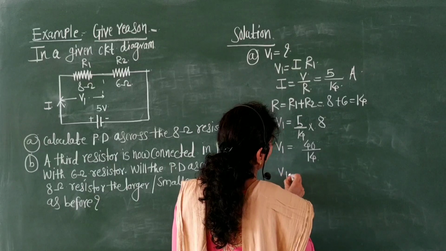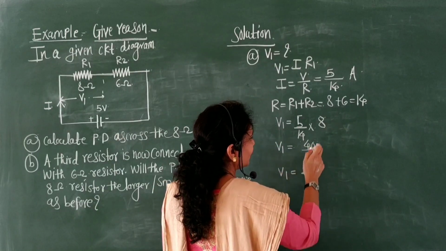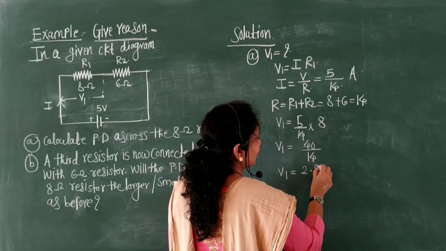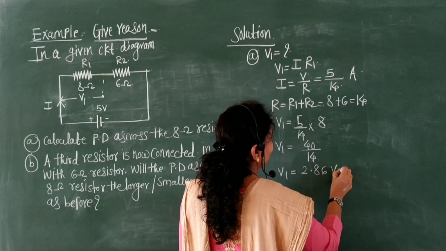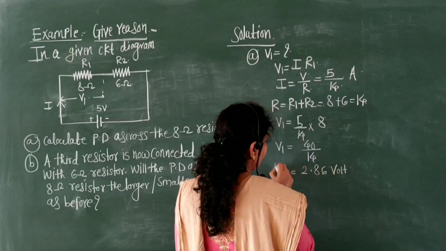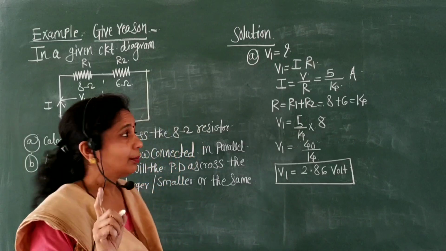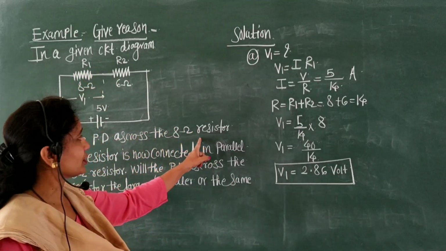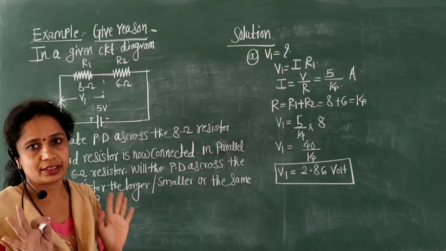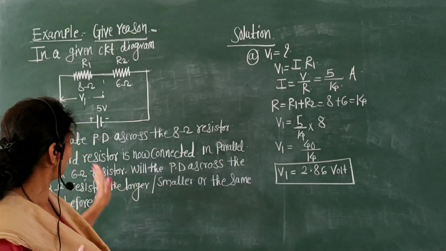Therefore, V1 is equal to 2.86 volt. This is the value of V1, the potential difference across the 8 ohm resistor. So we get the solution of A.